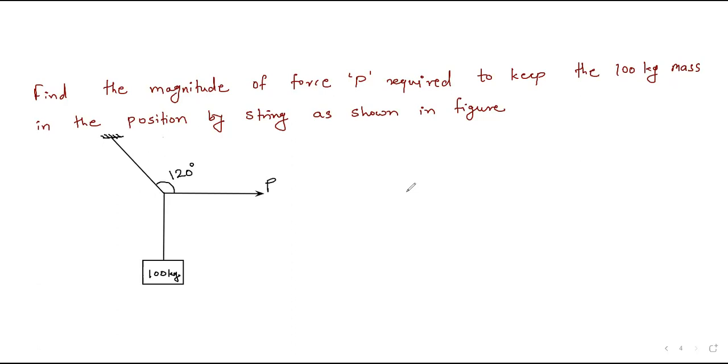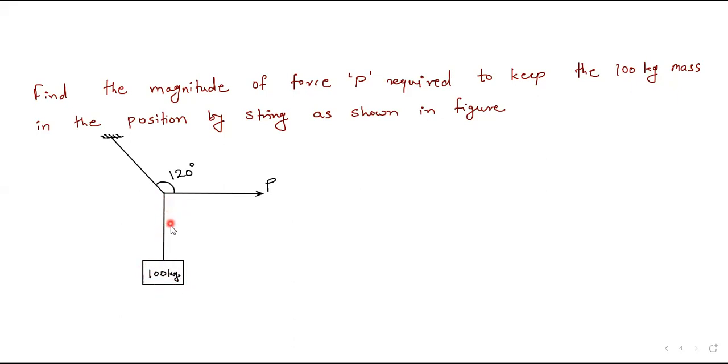So this is the given problem, and they told us to find the magnitude of force P required. First thing you should see here is the mass which is hanged here, which is 100 kg.